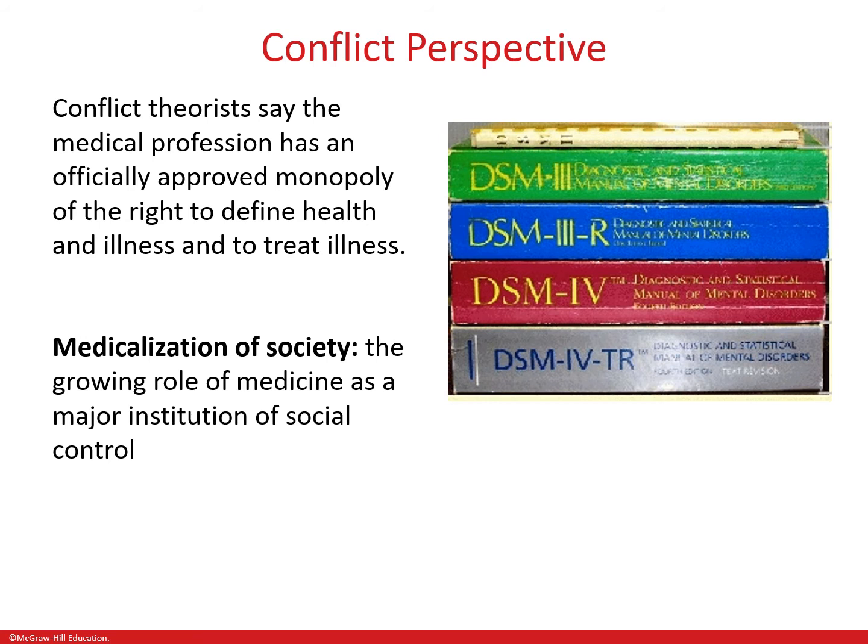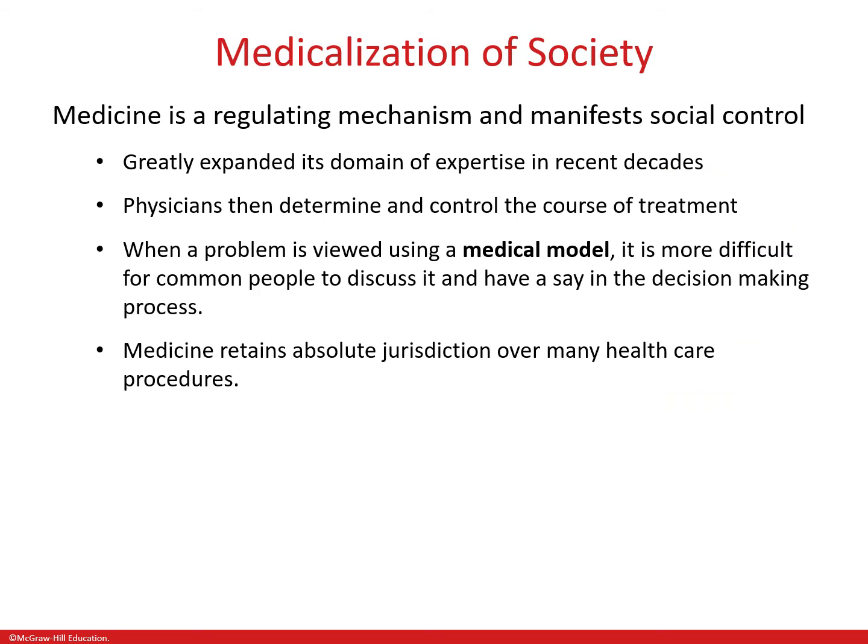The medicalization of society, according to conflict theorists, refers to the growing role of medicine as a major institution of social control. Medicine maintains social control two ways. First, by greatly expanding the domain of expertise. We expect that the physicians are the experts, and not only on infectious diseases, but other problems like sexuality, old age, anxiety, obesity, child development, alcoholism, and drug addiction.